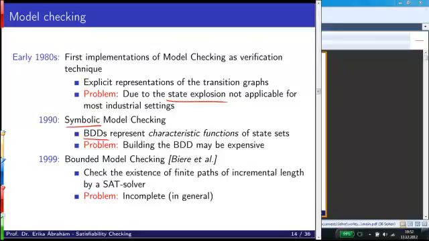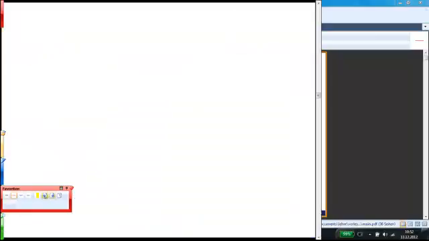And they are more space efficient, but the problem is that now the effort goes into the computation of the BDDs. So firstly, you can represent the BDD.